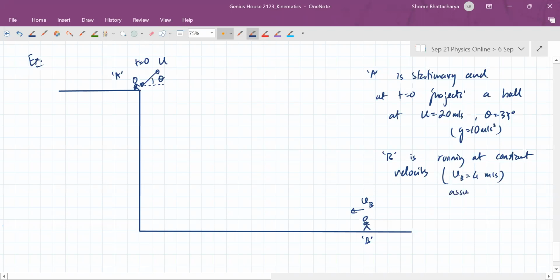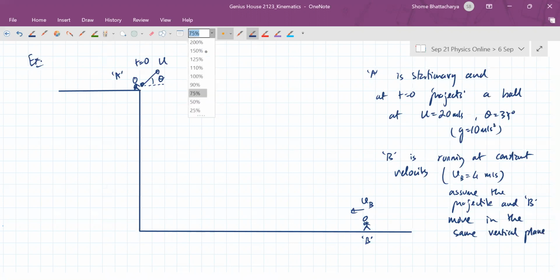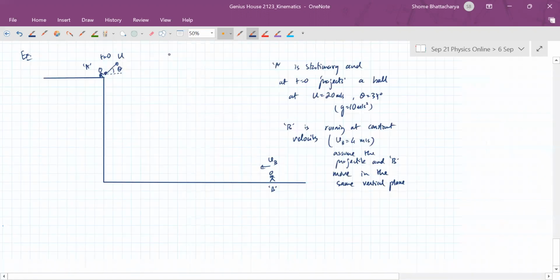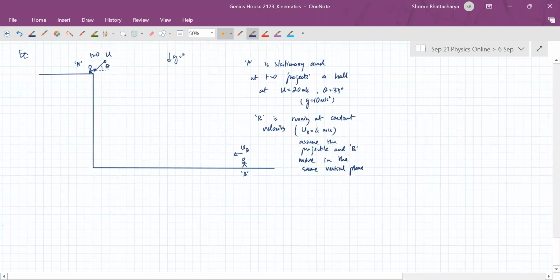Now assume the projectile and B move in the same vertical plane. Remember, we've discussed at length that projectile motion is actually a two-dimensional motion. It happens in a certain vertical plane. Take the value of g as 10 meters per second square.